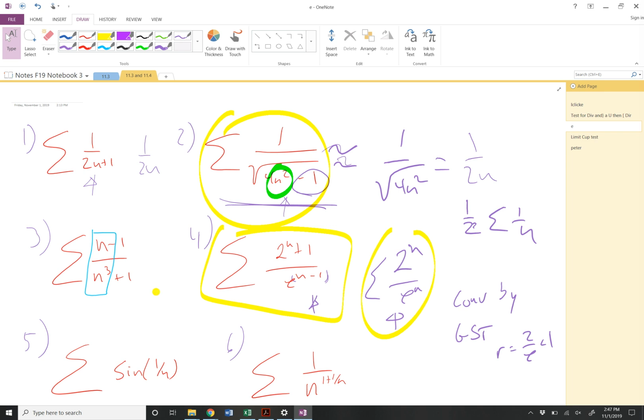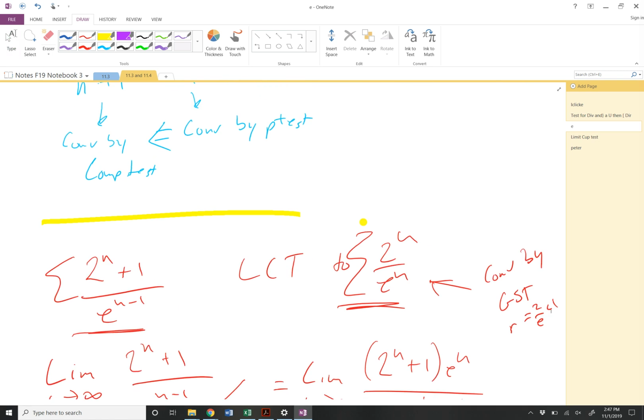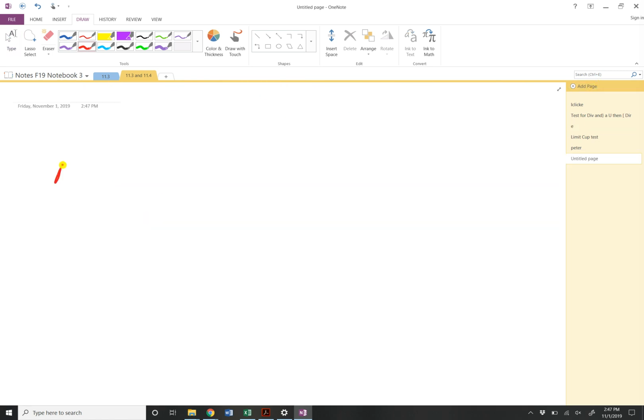Can we use the p-test? So the question is, why can't we use the p-test on this problem? The p-test only says something about series of this form. So it has to be 1 over n to the p. That's the only thing the p-test says something about. So if it's not of this form, we can't use the p-test.